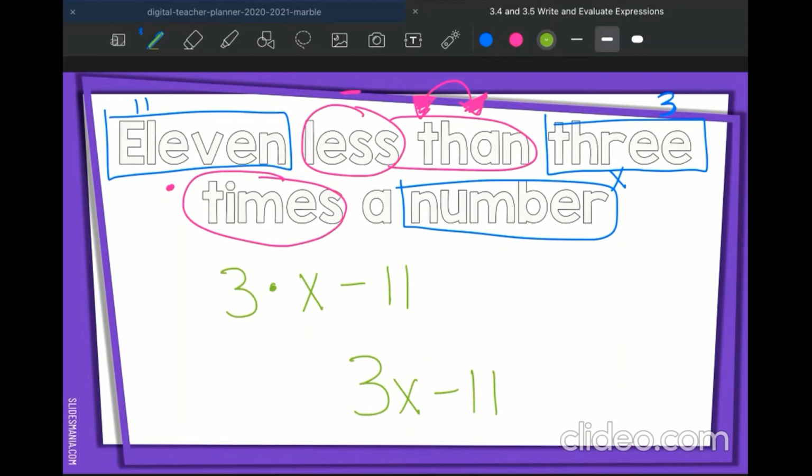Because anytime I have a coefficient next to a variable with no operation, I'm multiplying. It's a number. A number we do not know yet. And we cannot solve until either they tell us what x is or we have an equal a number.